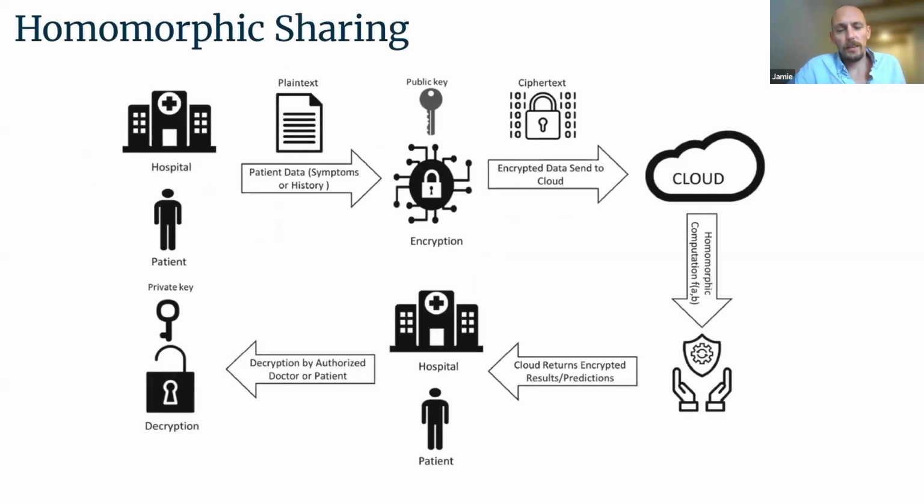Let's look at a bigger picture of how homomorphic encryption can enable sharing of data between disparate parties, or even just to pass through part of aggregate calculations. If we take this example, a patient has a particular set of symptoms and a track record to match that.